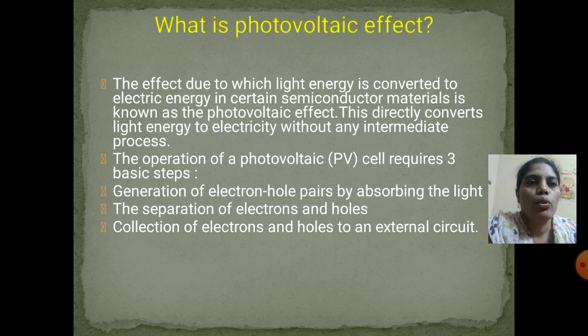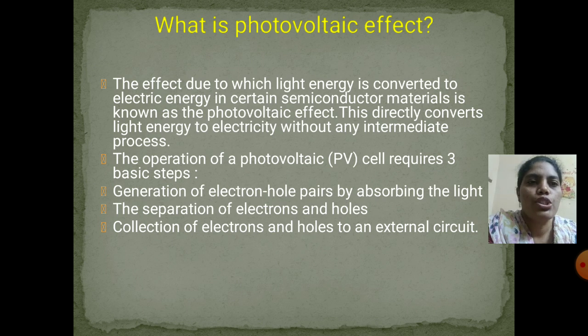So what is photovoltaic effect? This is the effect due to which light energy is converted into electrical energy in certain semiconductor materials, known as photovoltaic effect. So in this effect, we can directly convert light energy into electricity without any intermediate process.